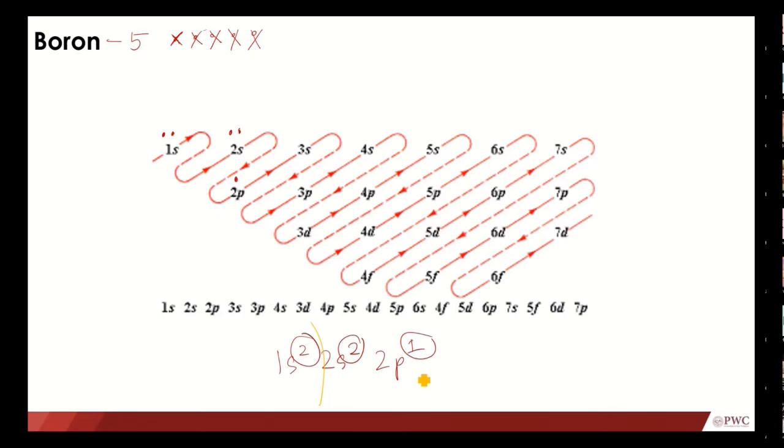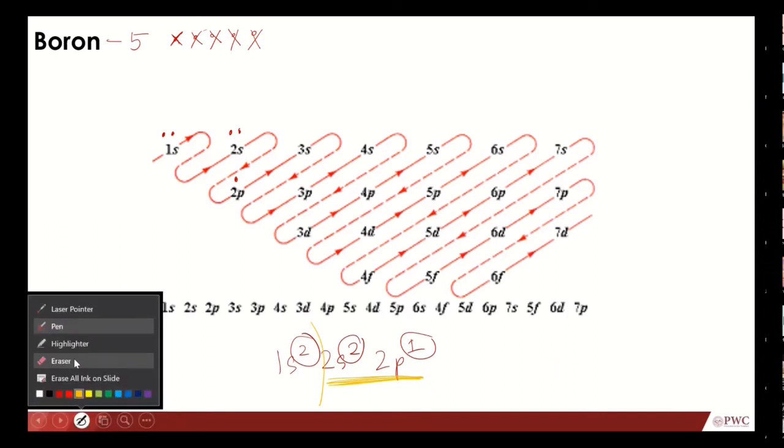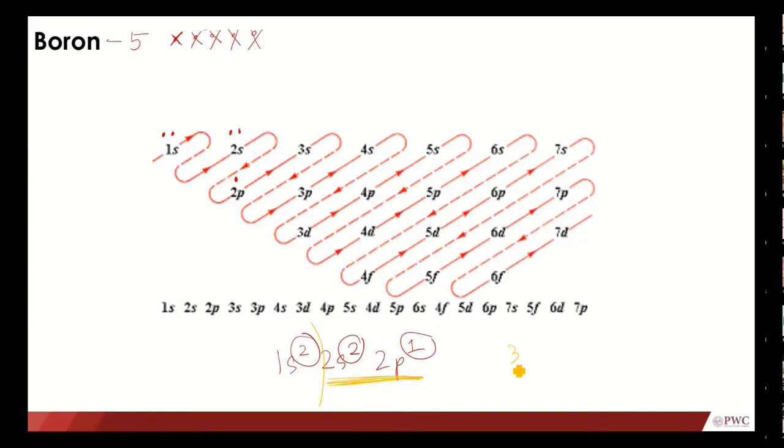How many electrons are in the second energy level? 3, sir. Right. In this case, we have 3 valence electrons. Again, all the electrons in the outermost energy level are the valence electrons. So boron has 3 valence electrons.